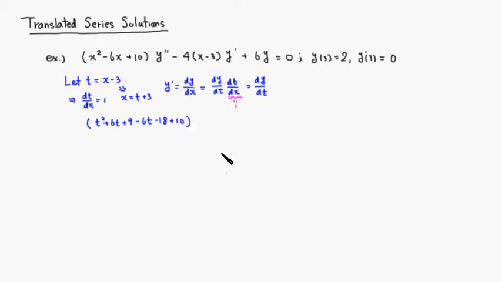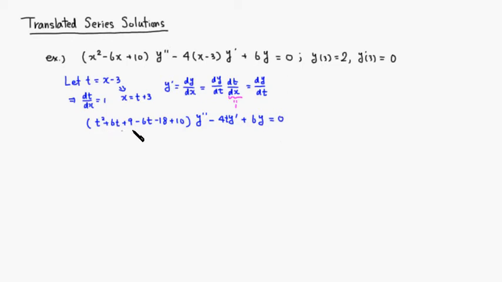Then you have y double prime, but this is with respect to x. We're going to turn it into with respect to t, but we just said that they are basically the same, so I'm abusing the notation a bit, but I'm going to use y double prime, with respect to t. Then x minus 3 is t, so it's going to be negative 4t y prime, plus 6y equals 0.